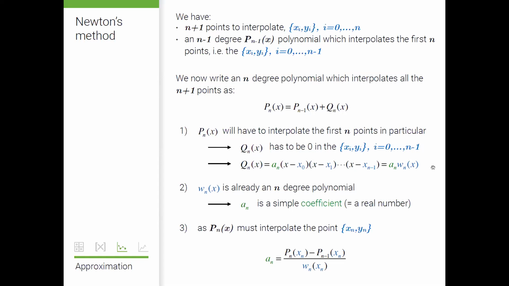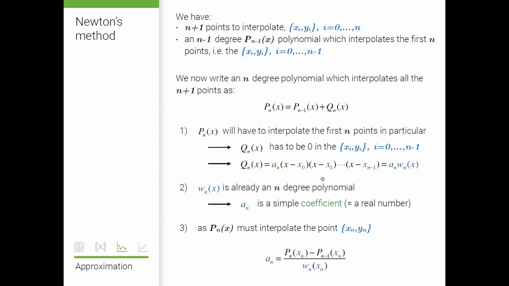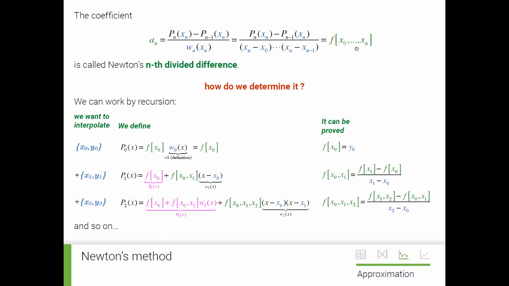Here an is just a real number. It is the coefficient of this Qn. We can find an with Pn and W. And then after replacing Wn with the corresponding expression, we get the corresponding function f. So this is the coefficient of our polynomial, and we will continue this process according to this algorithm.